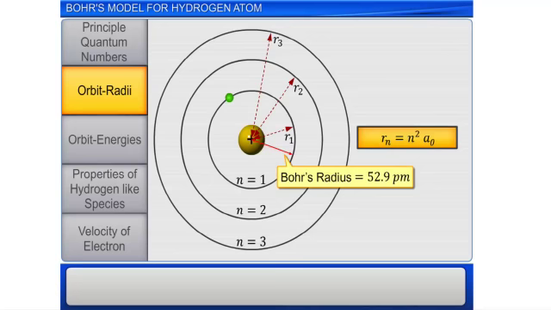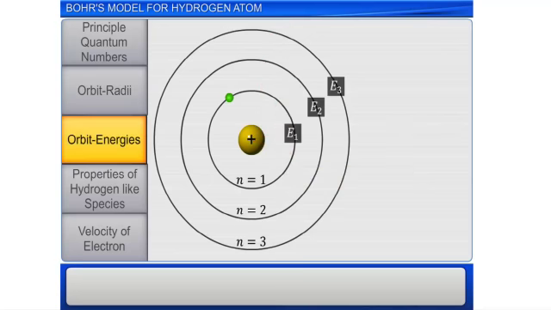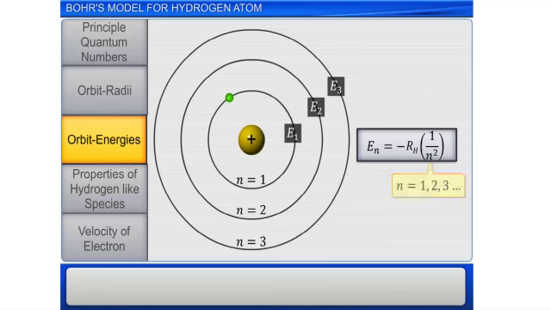The energy of a stationary state or orbit is given by the equation: energy of the nth orbit En is equal to minus Rh multiplied by 1 divided by n squared, where n is the principal quantum number of the orbit and Rh is Rydberg's constant, whose value is 2.18 multiplied by 10 raised to the power minus 18 joules.